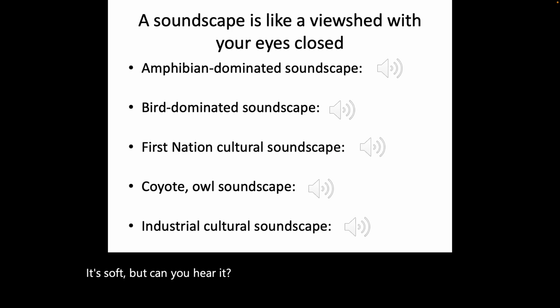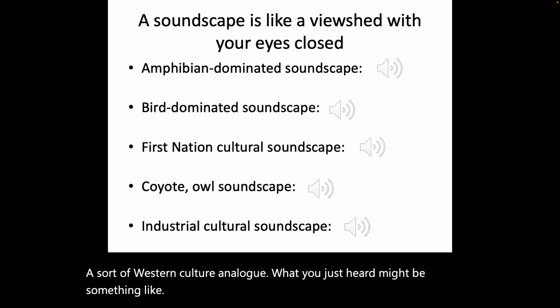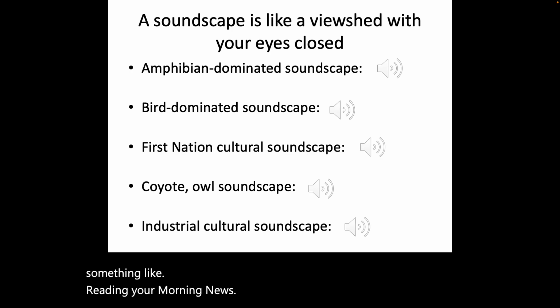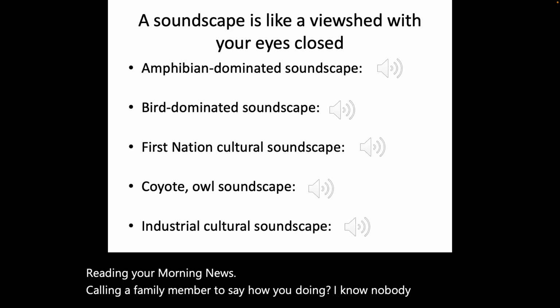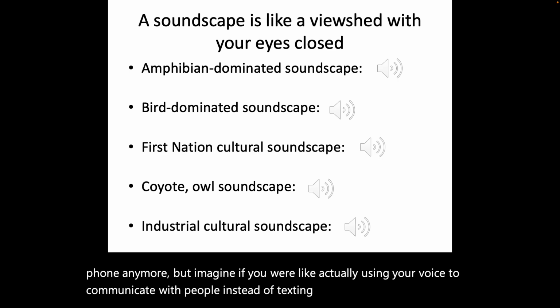Okay, so a sort of Western culture analog of what you just heard might be something like reading your morning news, or calling a family member to say how you doing. I know nobody uses the phone anymore, but imagine if you were actually using your voice to communicate with people instead of texting.